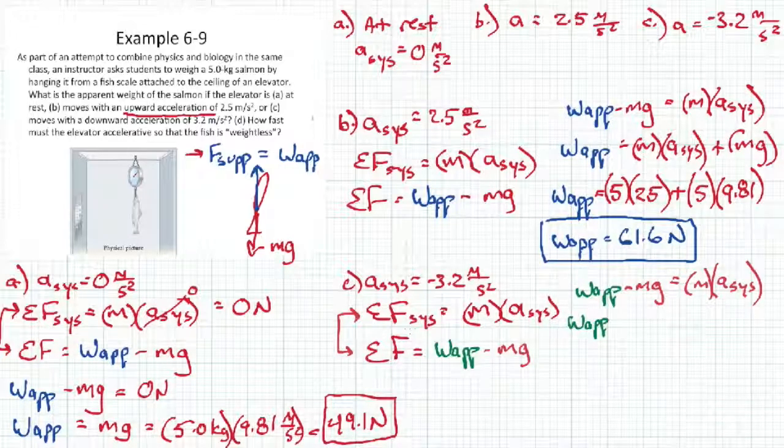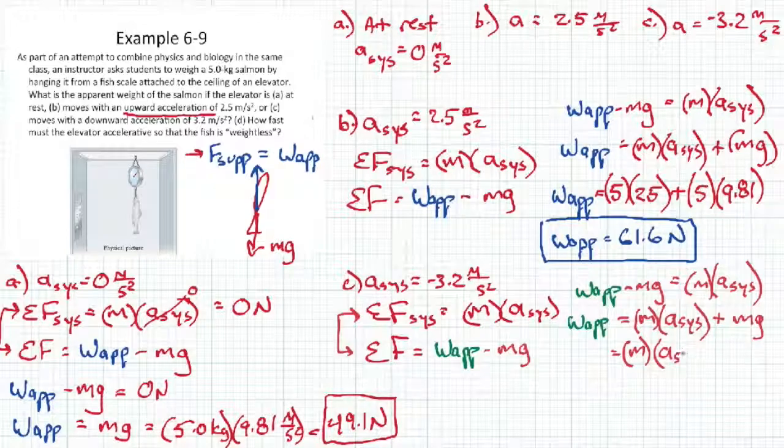So the apparent weight is going to be mass times the acceleration of the system plus mg, the weight force. Let's do what I was going to do before and factor out the m. So we can say that equals m, pull that m out, times acceleration of the system plus acceleration due to gravity.